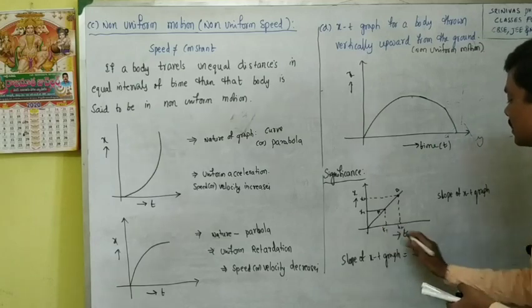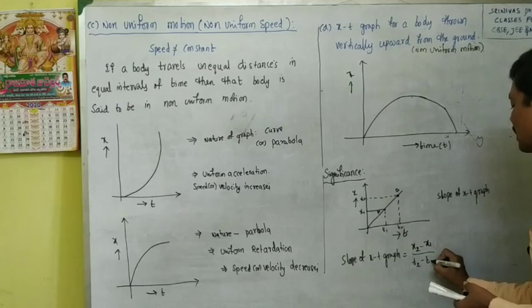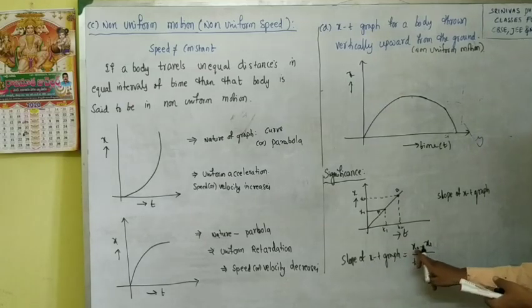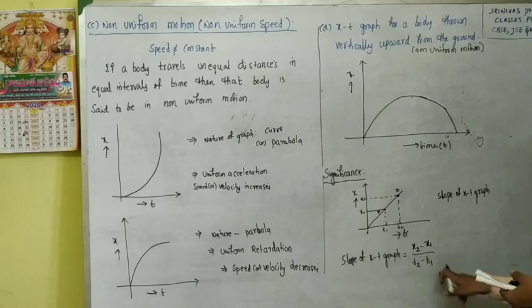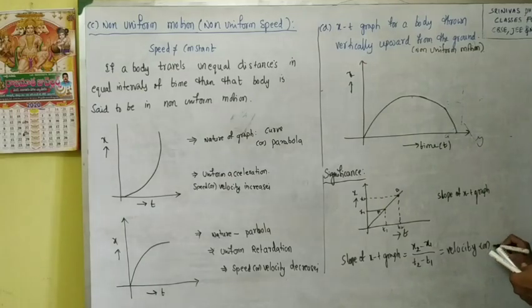The x coordinate difference is time difference, t2 minus t1. What is it indicating? The slope of the xt graph indicates velocity, right? Why? This is change in position by time, and change in position by time is velocity. Here the slope of the xt graph indicates the velocity or average velocity.